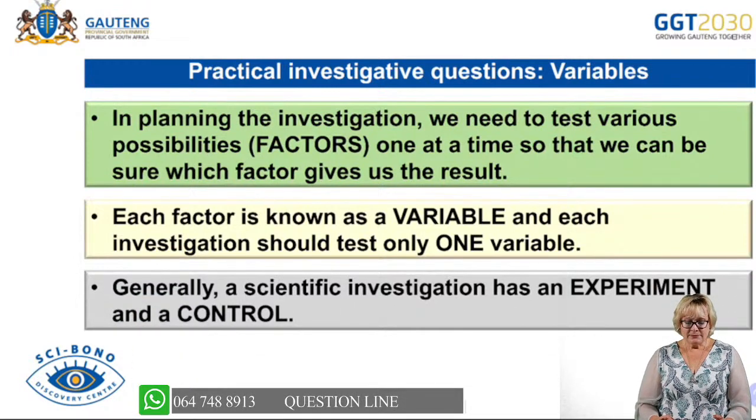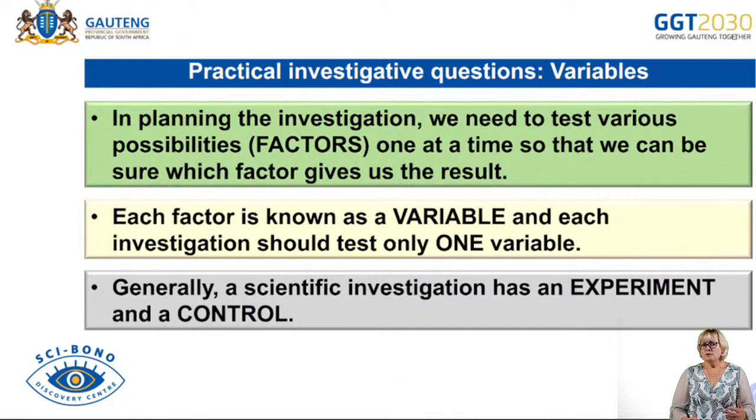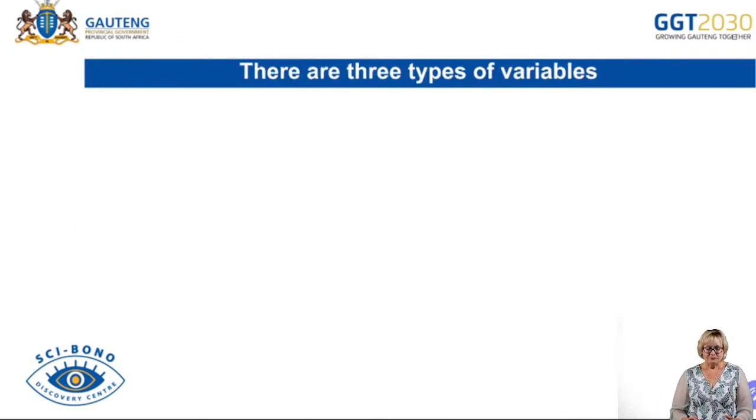Generally, a scientific investigation has an experiment and a control. And I'm sure you have seen questions in your papers, in your test, in your end of the year papers in June and first term. You might have seen these experiments and control that has been put together in one question.